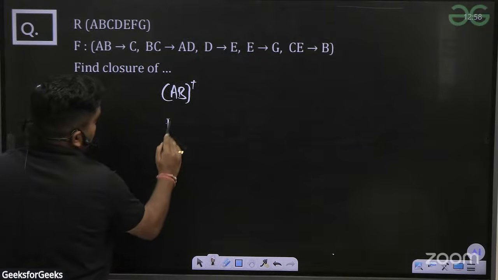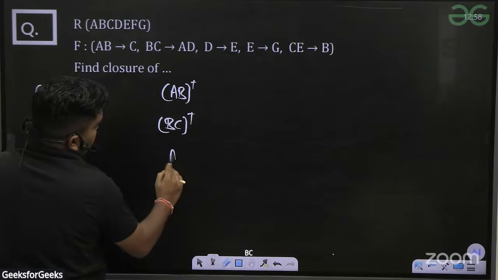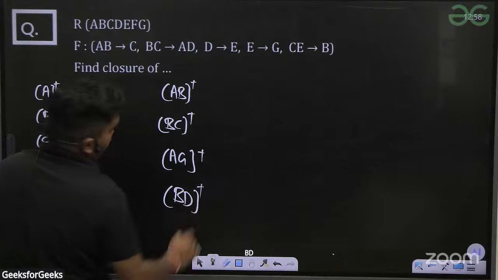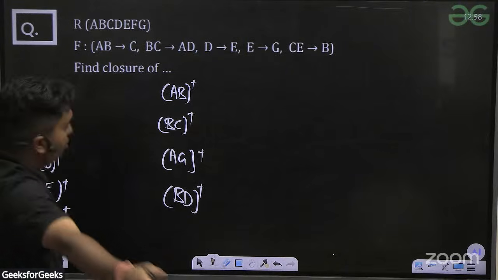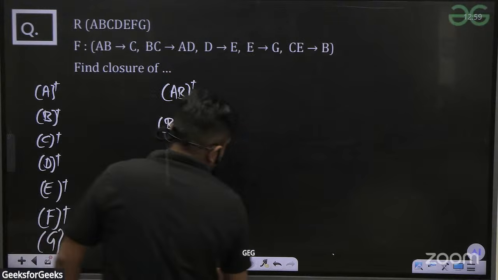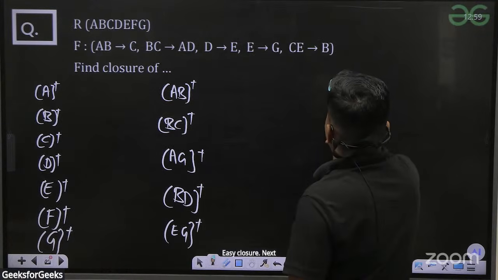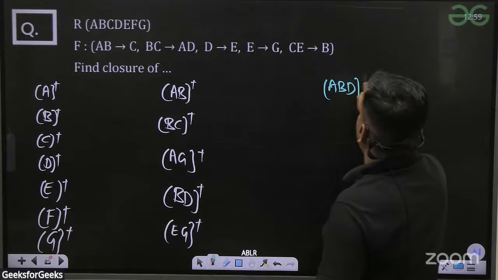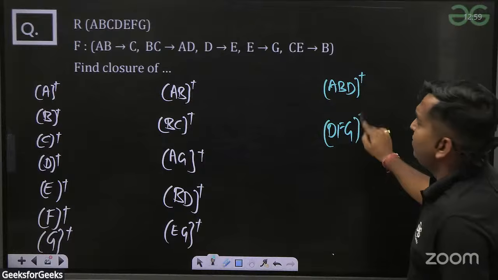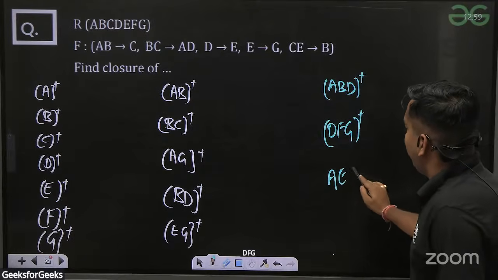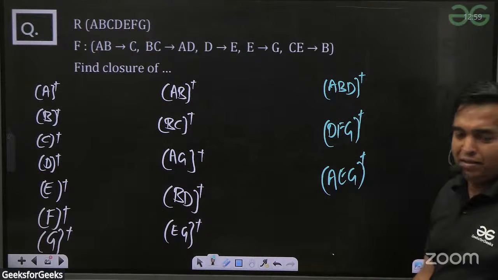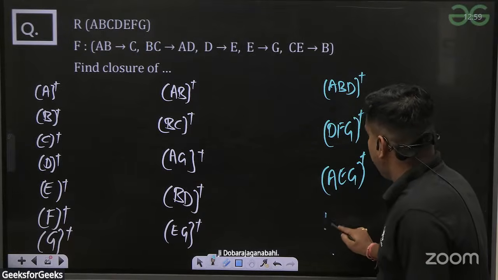BC, AG, BD, EG closure. Next, ABD closure, DFG, AEG, EFG.